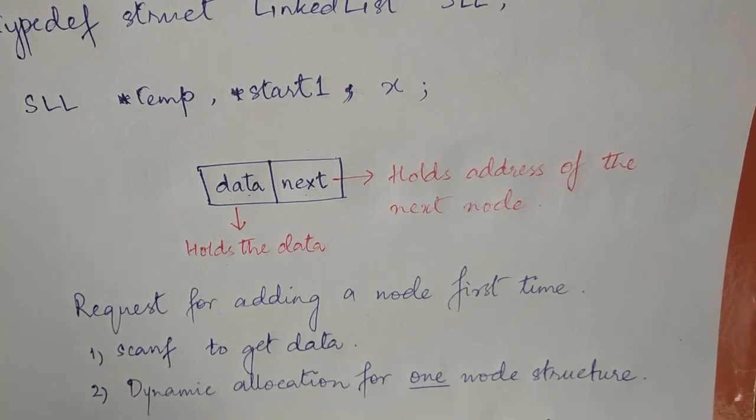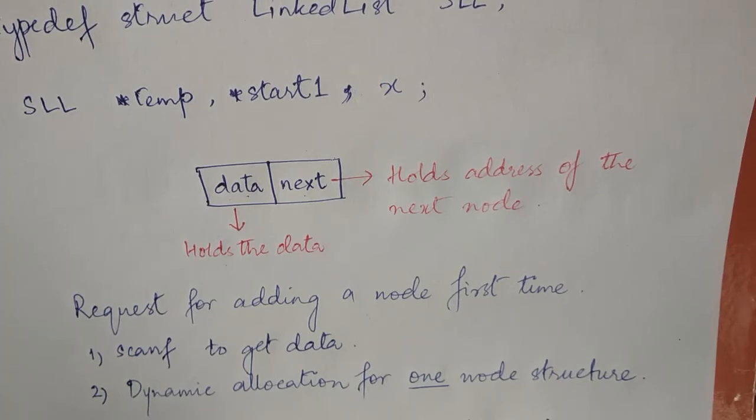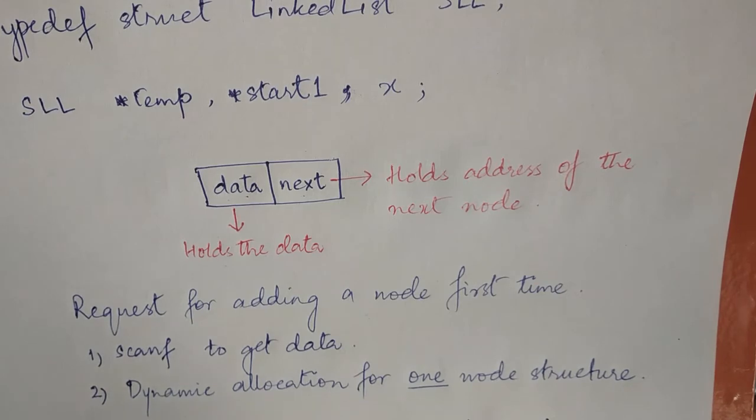We have to write a full program for this, but let's do it step by step. When you have to create a linked list, you do not define anything in the beginning other than your structure definition and your start pointer. So I've already defined my start pointer. Initially, I should ideally assign it to null. I have not done it here, but once we do the programming, we will define it as null.